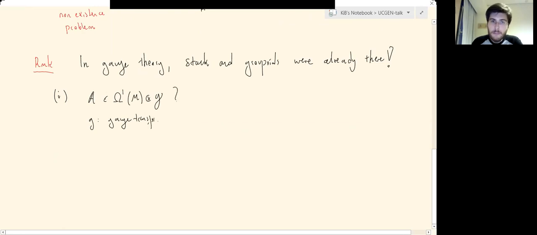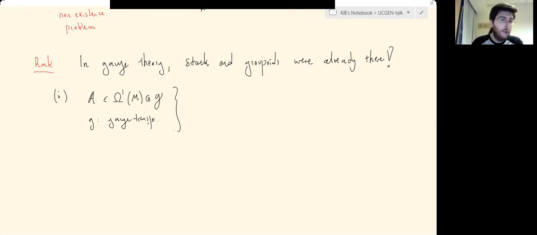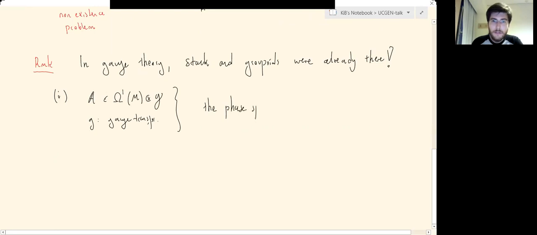Therefore, the phase space itself consists of two important pieces of information. It's not enough to specify points. You need to somehow keep track of gauge symmetries at the same time. Therefore, the phase space itself is not modeled as a set.